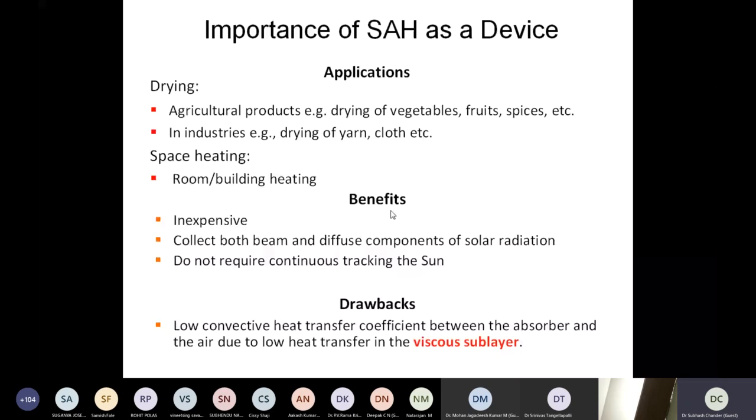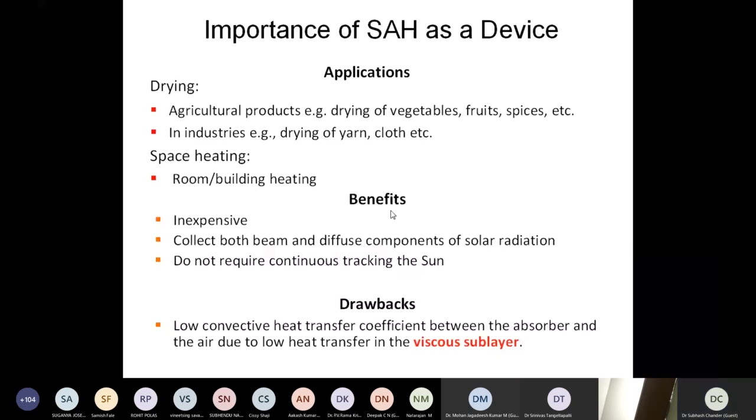But the major drawback, as I said in the beginning, with these devices is that they are very, very inefficient, right? Because of the convective heat transfer coefficient, because air is to be heated, that is why it's called a solar air heater.